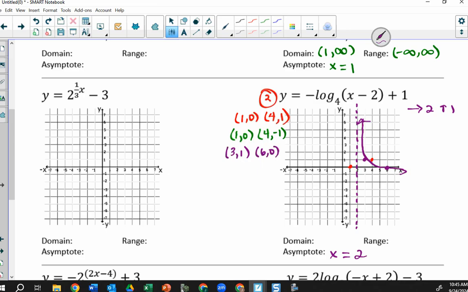Wait, so if it's a negative log, that's flipping over the x-axis, yeah. Yep. All right, domain. Are we okay with 2 to infinity? And range, as always, negative infinity to infinity.